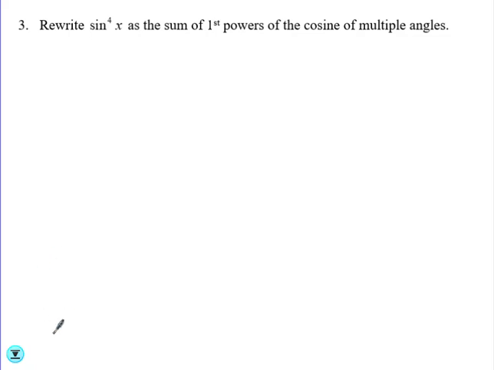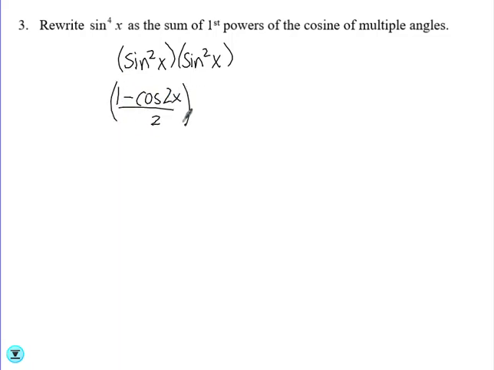Well, we don't have a fourth power identity, so let's start by rewriting sine to the fourth. Sine to the fourth of x is the same as sine squared x times sine squared x. So I'm going to use the identities that we just had on the last slide: 1 minus cosine of 2x over 2.